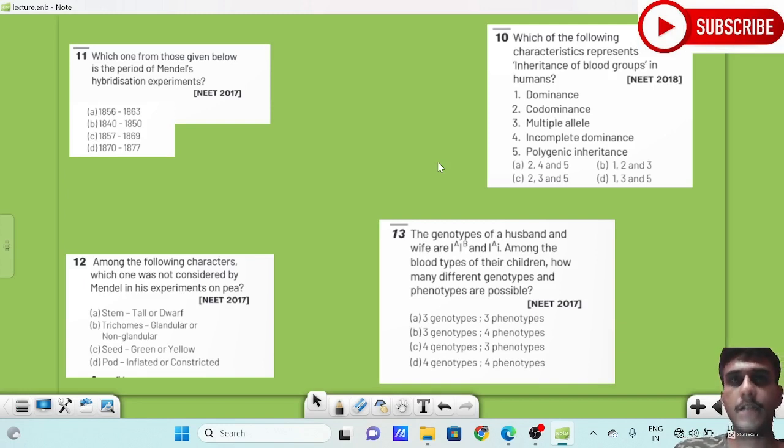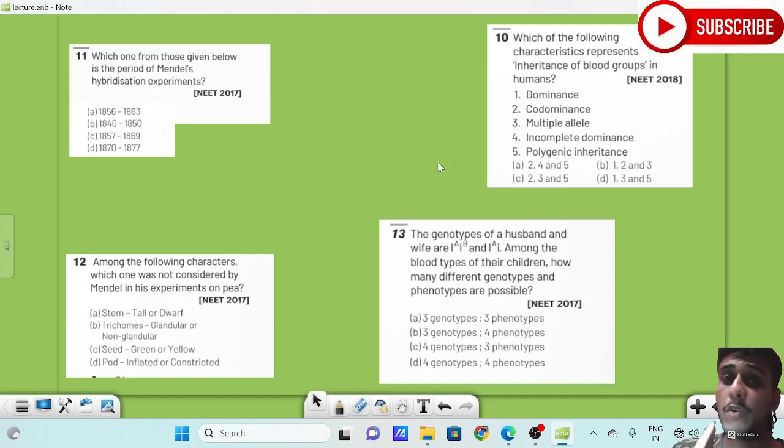Mendel conducted his experiments in 1856 to 1863, like 7 years. Even before 1856 he had started the experiment.